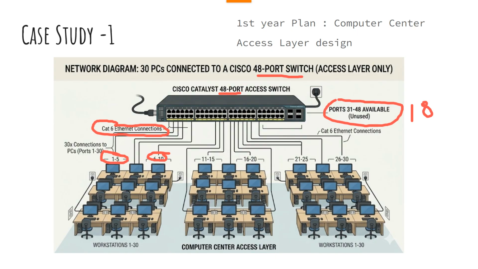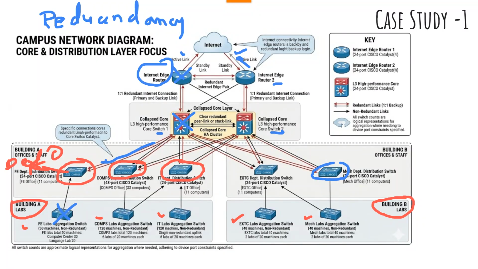Once the access layer is designed, we go on to design the collapsed core architecture, and in the collapsed core architecture we are looking at link level redundancies, which is one important part here, and the device level redundancy. So how are they connected? This is what we are looking at.